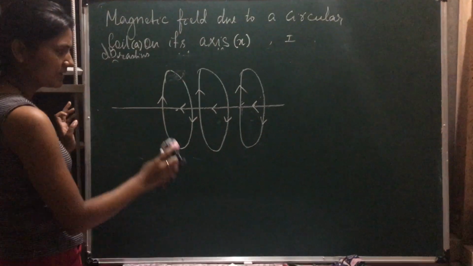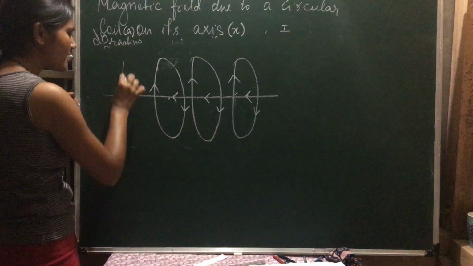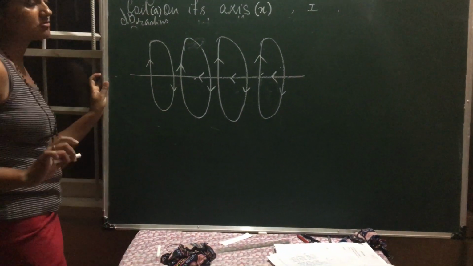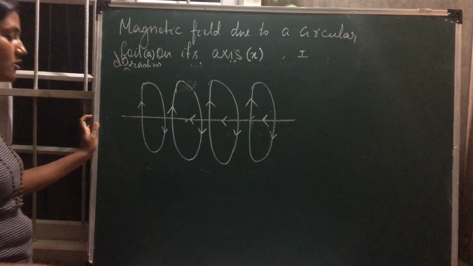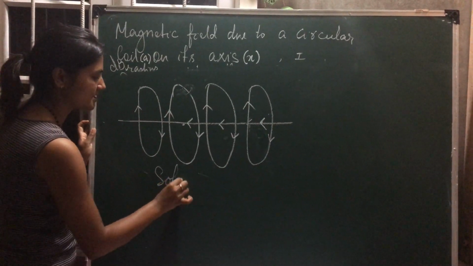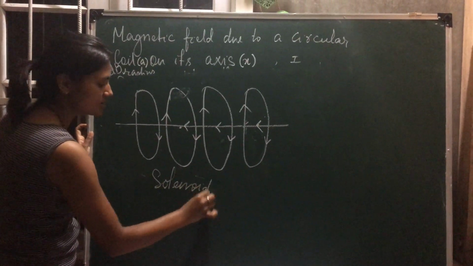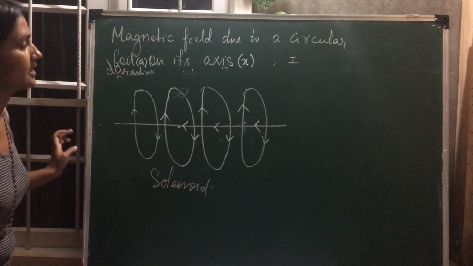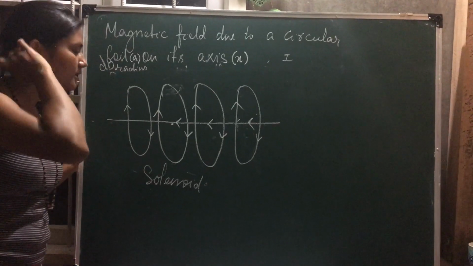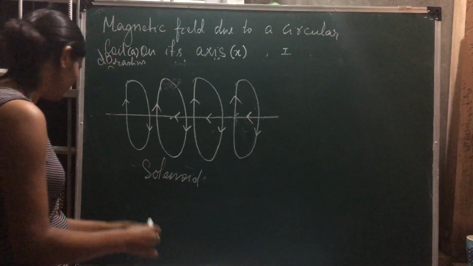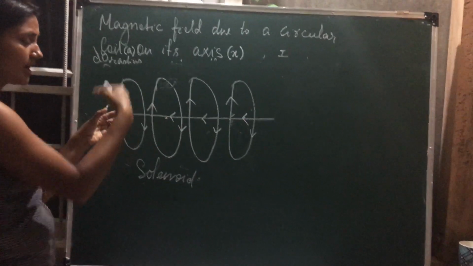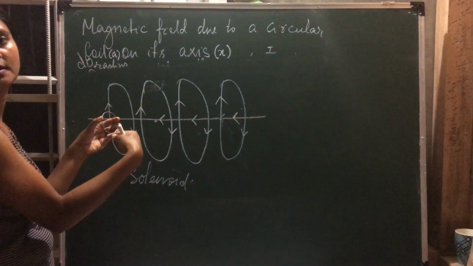Then when the loops are made very close to one another, this structure is known as a solenoid. This is known as a solenoid. What is it basically? A solenoid is closed rings made very close to one another.